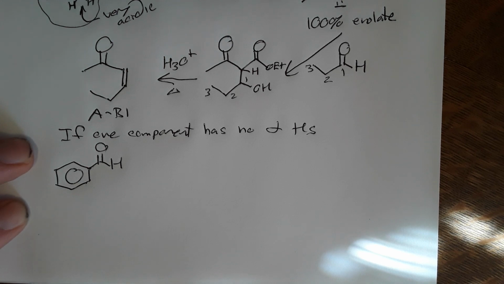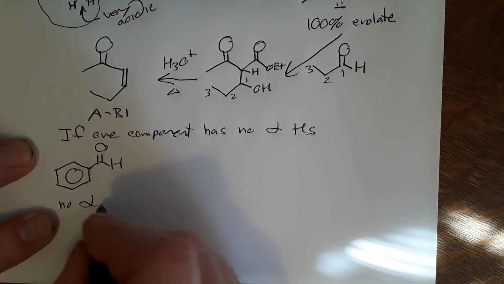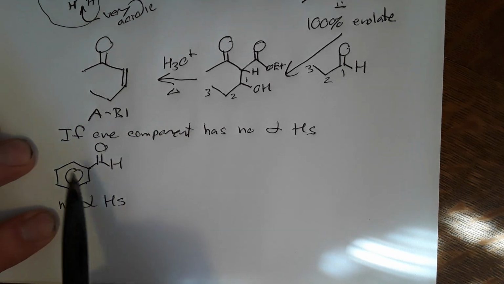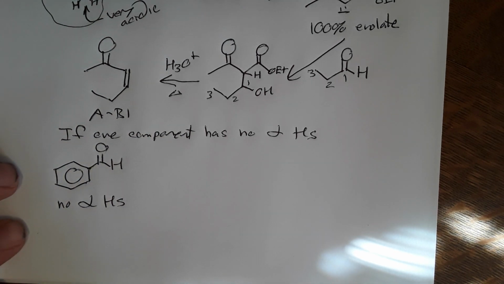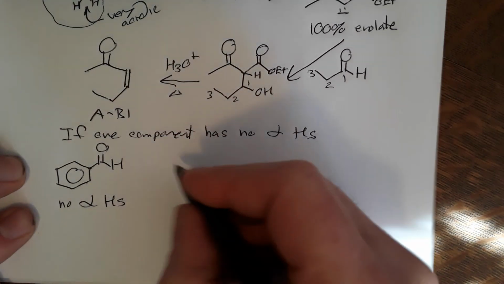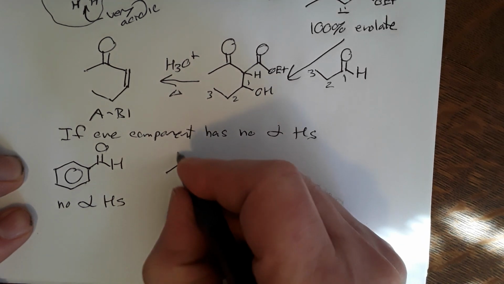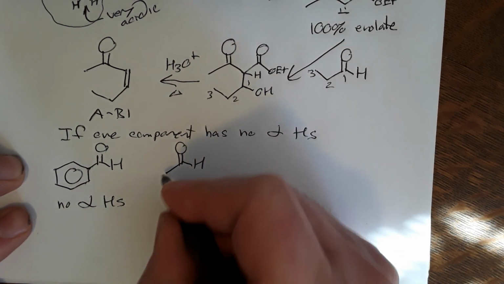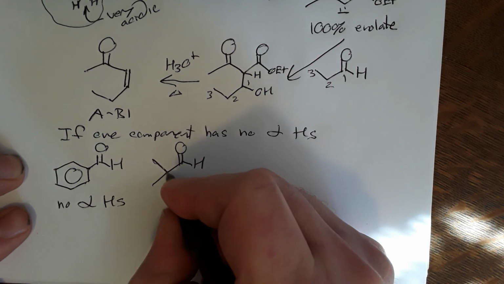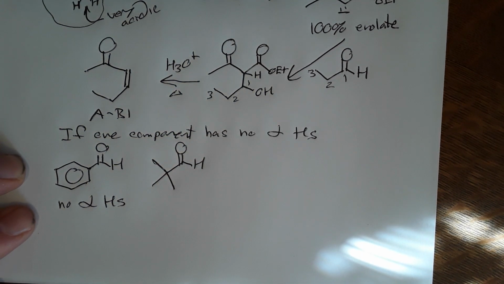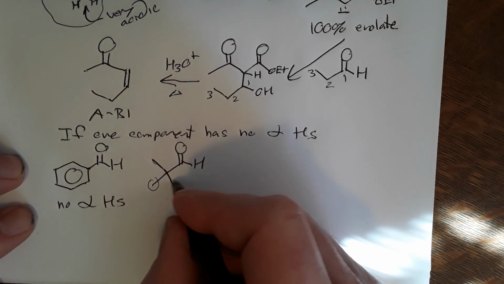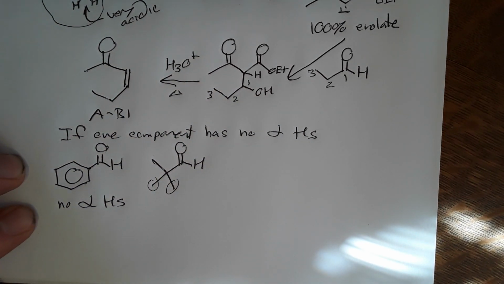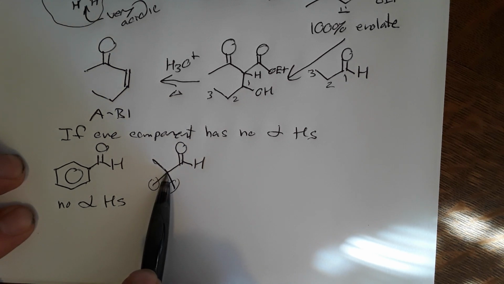Benzaldehyde has no alpha hydrogens. Here is your alpha carbon, and there are no hydrogens on there, period. So benzaldehyde would be something that you could react in a mixed aldol reaction. Another example would be this aldehyde here, 1, 2, 3 propanal with 2 methyls on it, 2,2-dimethylpropanal, no alpha hydrogens.